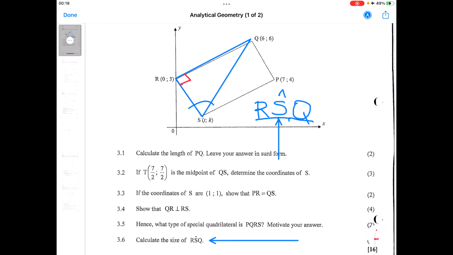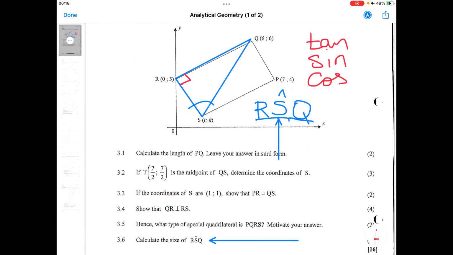So obviously, since you are having a right angled triangle, that means you can use the trig ratios. What are those? It is tan, sine, and cos. So you have enough information there.